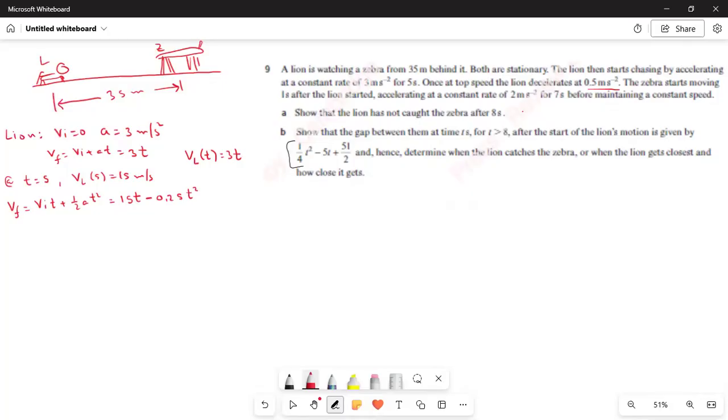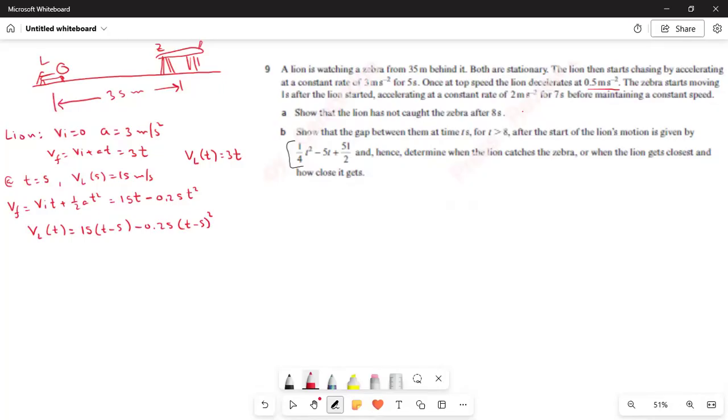But if I write this velocity of lion as a function of time, I should write not t but t minus 5, because now I'm counting the time from when the lion leaves its initial position. So it's going to be 15 and t minus 5 minus 0.25 times t minus 5 squared. Does it make sense? Do you agree with this?